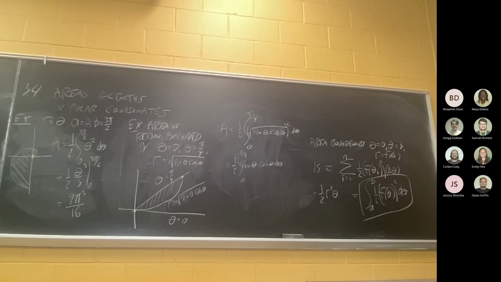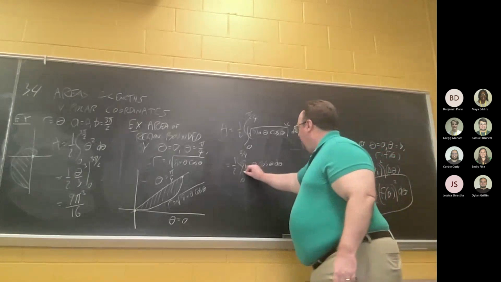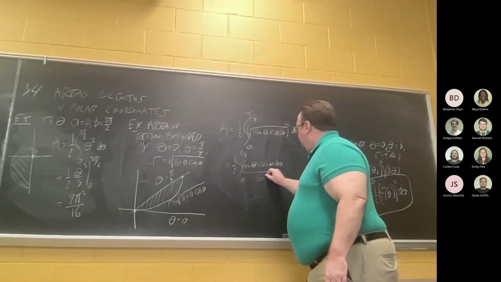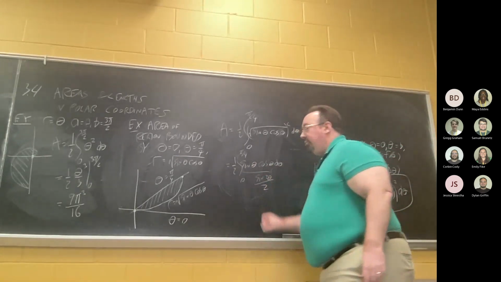Okay, can any of you tell me two different approaches to this integral? Substitution. Okay, double angle identity. The double angle formula, because this right here is equal to sine 2 theta over 2.